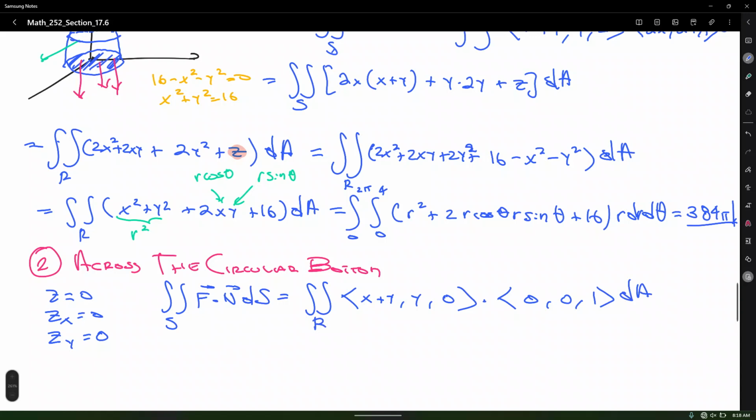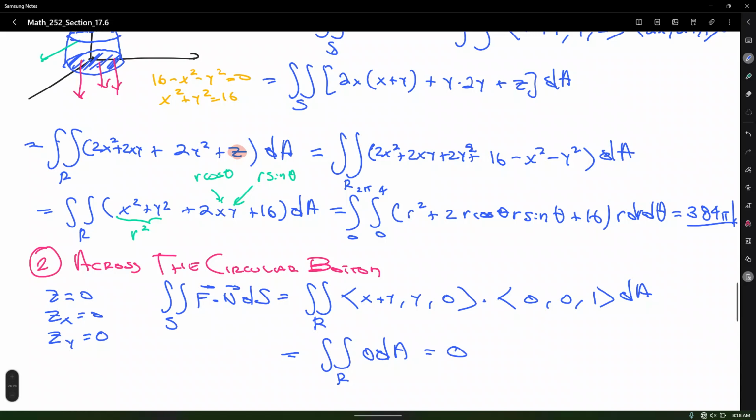The dS now becomes dA, S becomes R, the planar region of integration. So the dot product: x plus y times 0, isn't that 0? y times 0, isn't that 0? 0 times 1, isn't that another 0? So what's the double integral over the region R of 0 dA? 0. So there's no flux across the circular bottom.